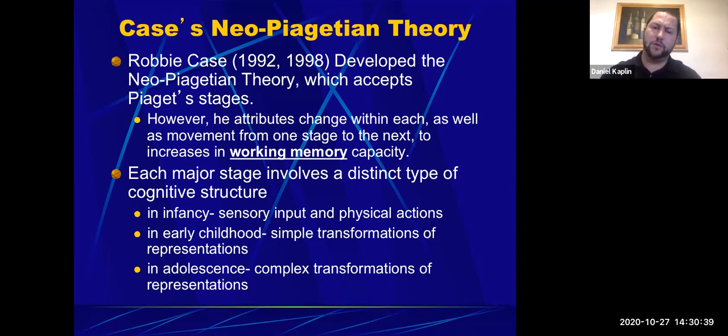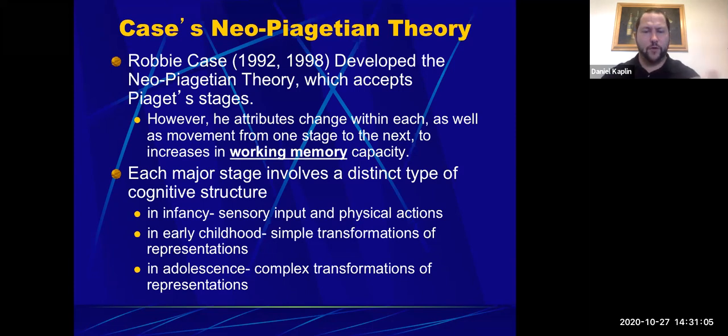So remember how we talked about in lecture 6, representational thought and mental representation. Well, Robbie Case says the pre-operational thought and concrete operational thought are dealing with basic, simple transformation, from a memory cognitive point of view and a structural point of view.